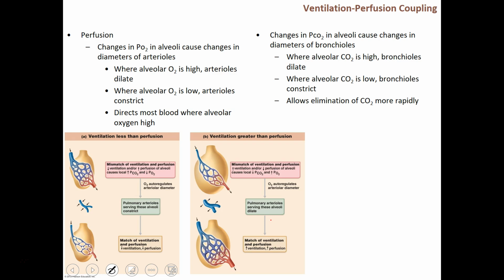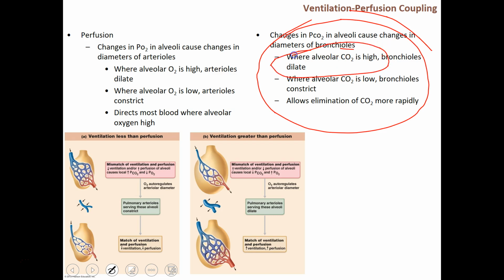Now, what happens with the ventilation? When there is an alveolus with a lot of CO2, what do we need to do with that extra CO2? We need to exhale it. How can we do it?